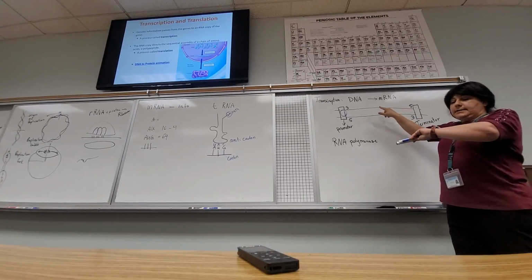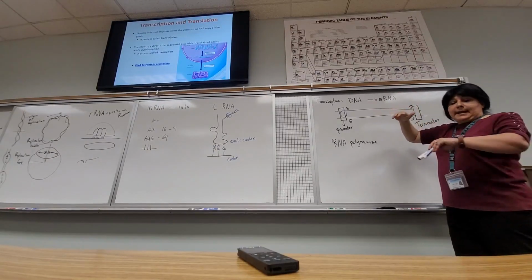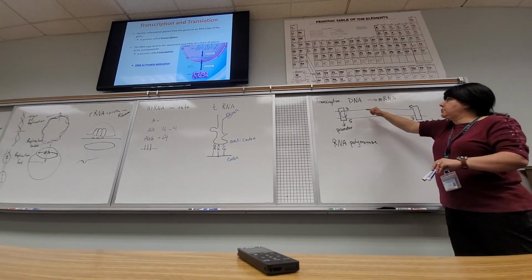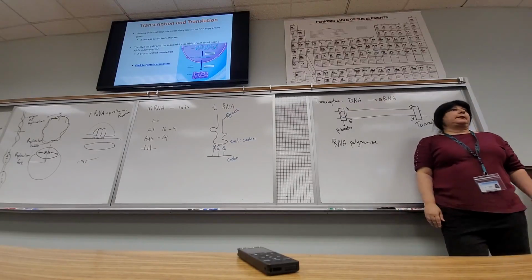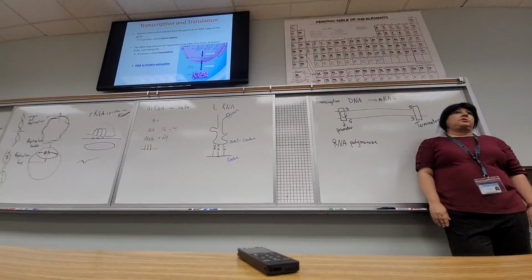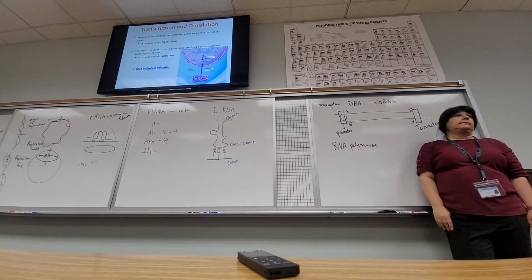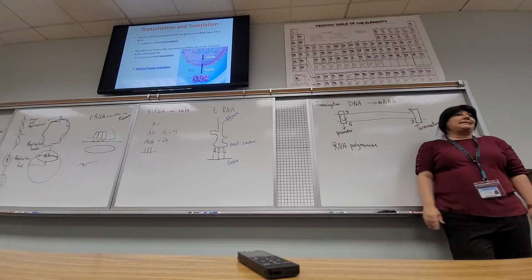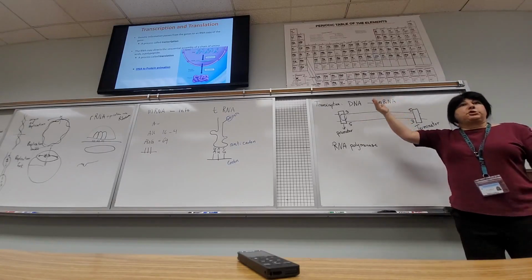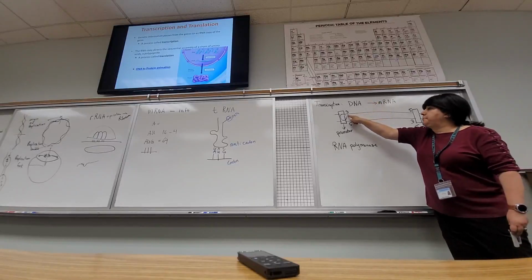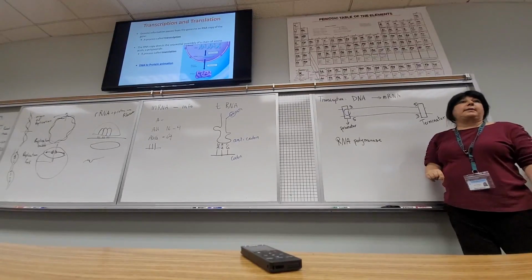I have to unzip and separate, and at the same time, I have to read. So which one of the strands is it going to use? In my example, the top one or the bottom one? Top one. It's not going to go here and then back its way. It will choose the strand that is going from promoter to terminator in the direction of 3' to 5'.